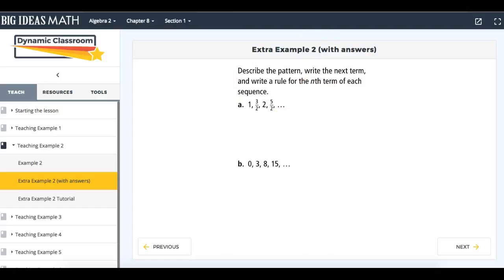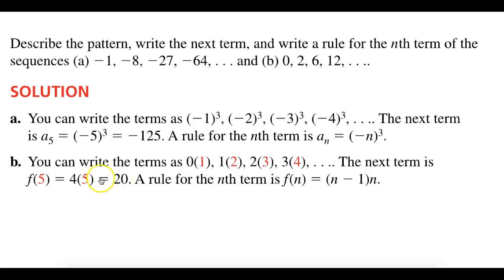It should look like this, like f of n equals n minus 1 times n, or a sub n equals negative n cubed. So go ahead and write out your rule as well as the next term, but you don't need to explain or describe the pattern.